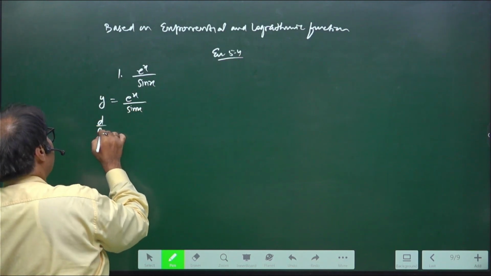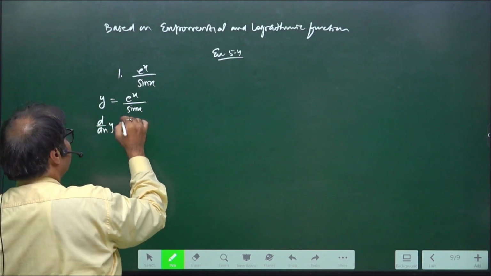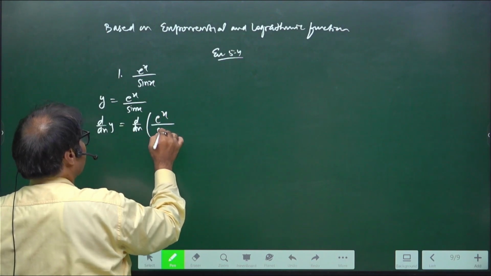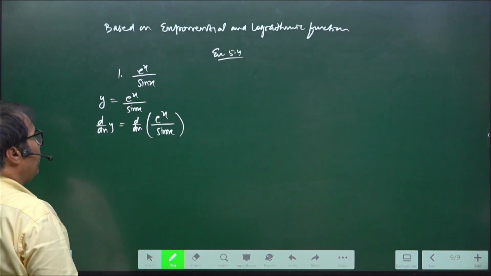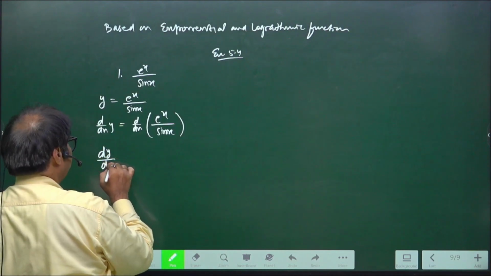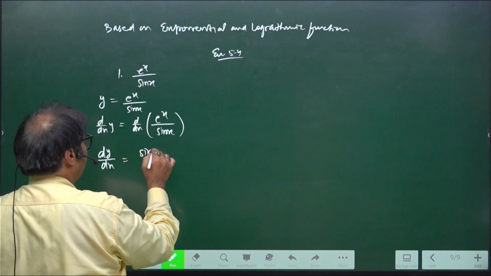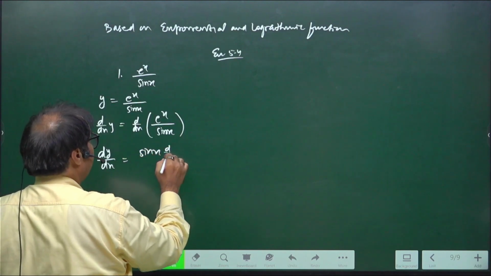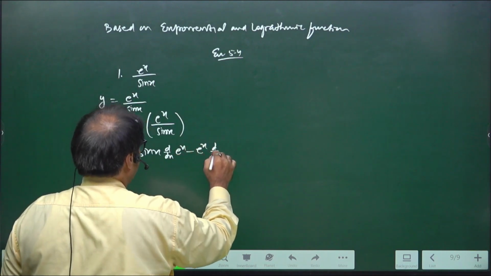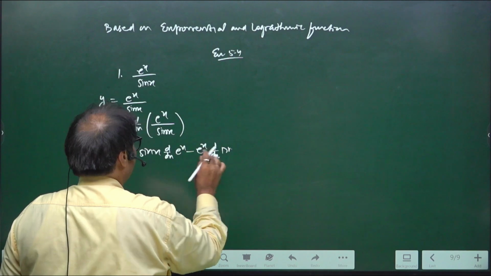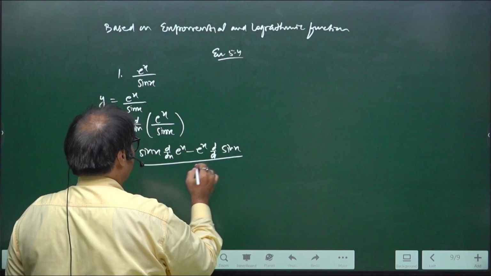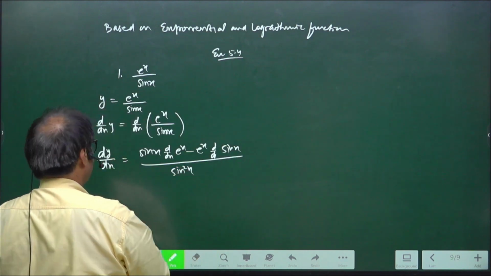So d by dx of y is equal to d by dx of e to the power x upon sin x. Okay, and then apply the quotient rule. So on this side dy upon dx, and the quotient rule means denominator sin x into d by dx of numerator, minus numerator e to the power x and d by dx of denominator. Denominator is sin x, and divided by denominator square, so sin square x.